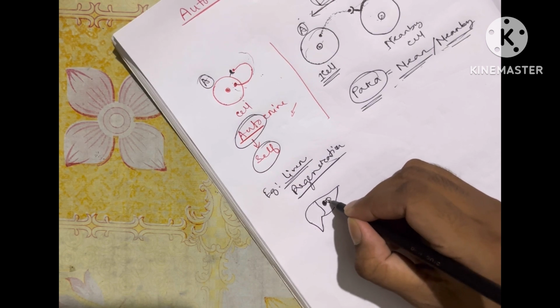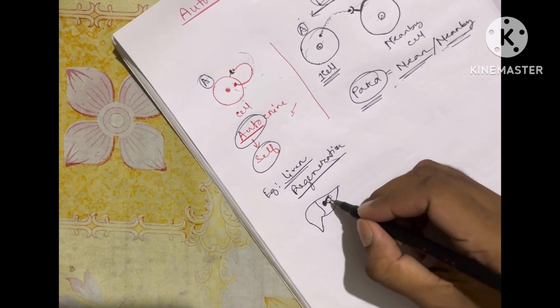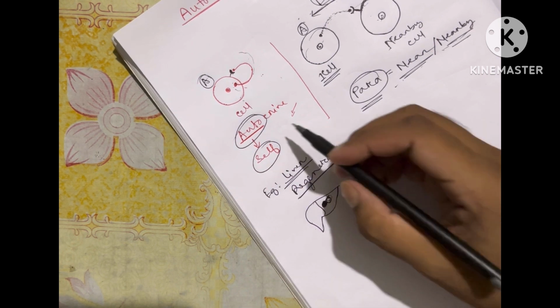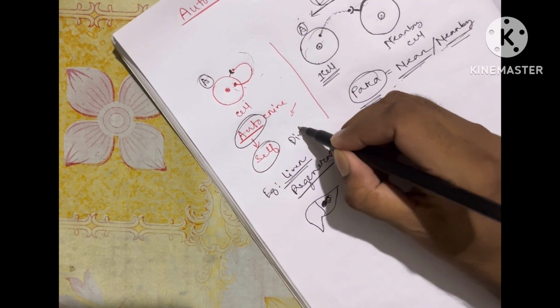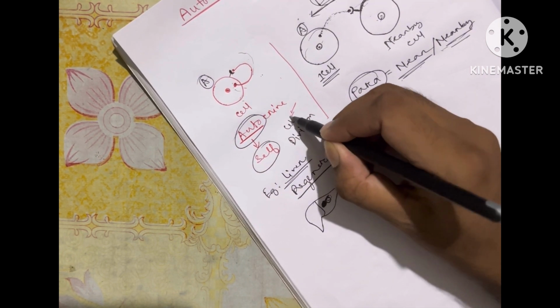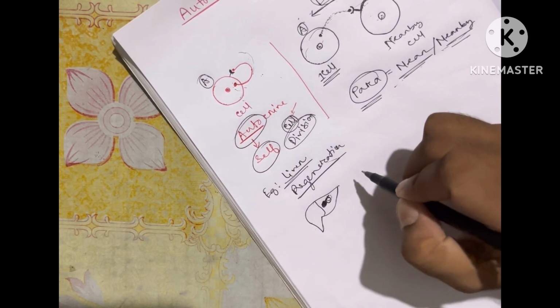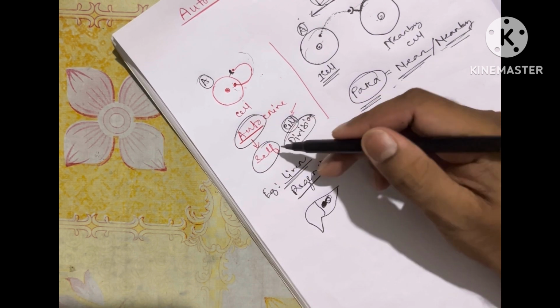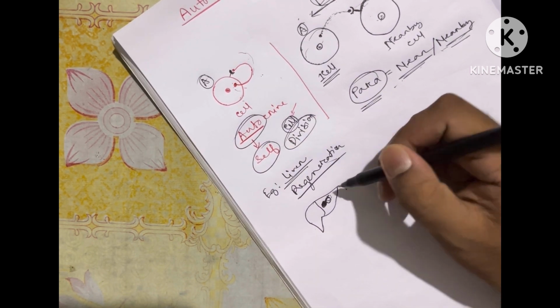Our neighboring cell will secrete one signaling molecule, and it will divide, and it will fulfill the requirement of the dead cell. So here, cell division is mainly carried out by these kinds of autocrine signaling, more specifically in our liver.